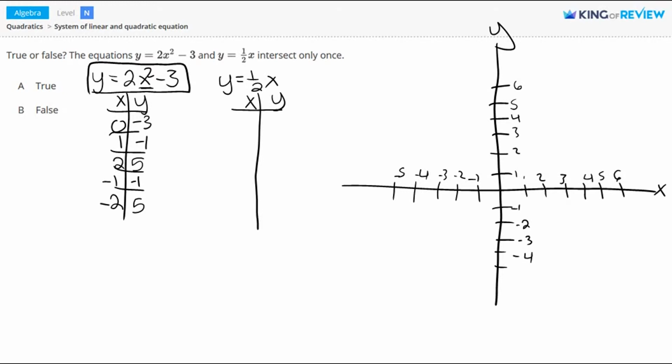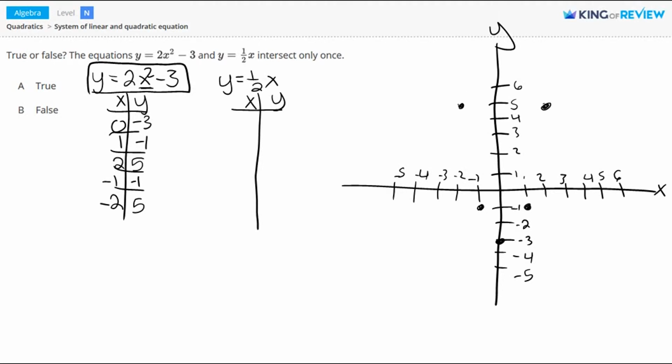Okay, now I'm ready to plot. Our first point is at 0, -3, right here. Then I have a point at 1, -1, right here. I have a point at 2, 5, which is right here. I have a point at -1, -1, right here, and a point at -2, 5, which is right here.